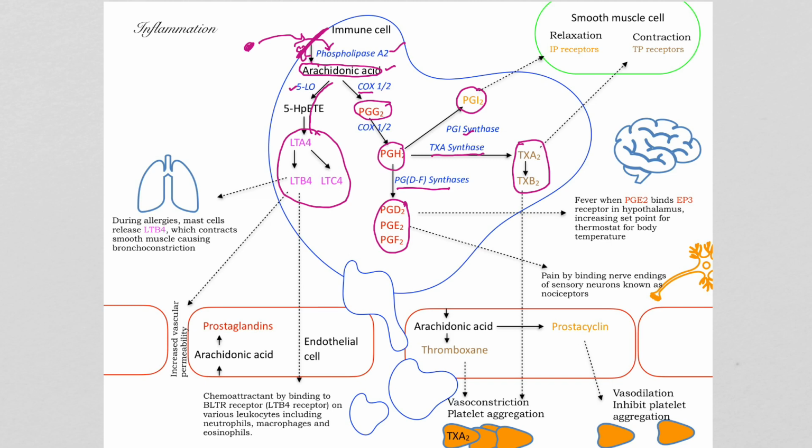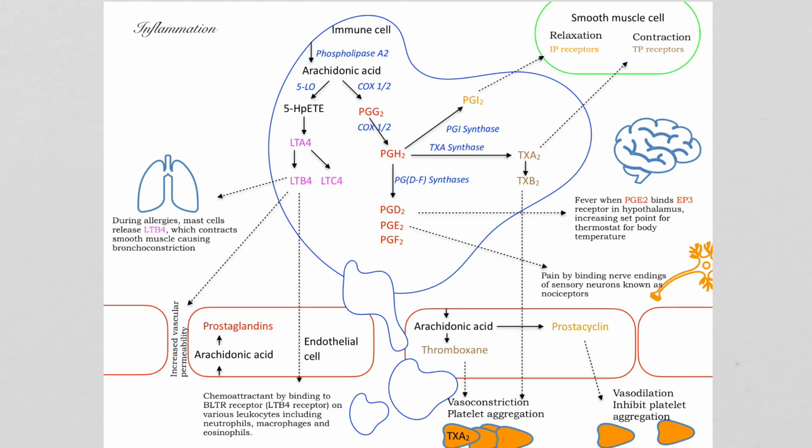So basically from arachidonic acid, we can get many different types of eicosanoids. These eicosanoids are produced by many different cell types, including a variety of your immune cells, mast cells, endothelial cells, as well as various epithelial cells. So a lot of cells are able to produce these eicosanoids.